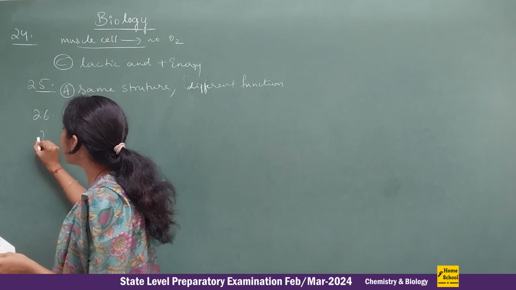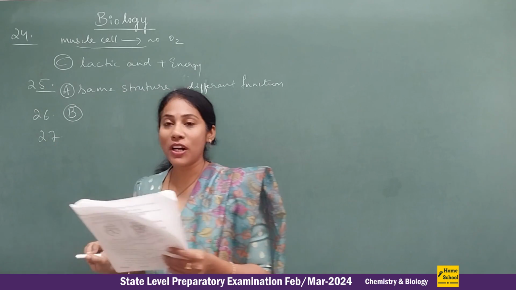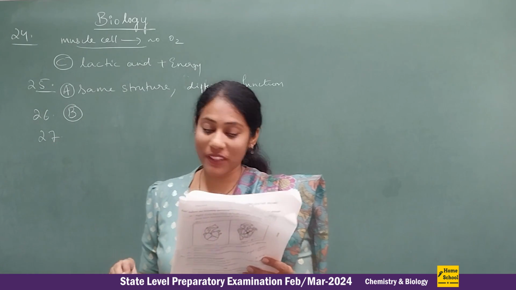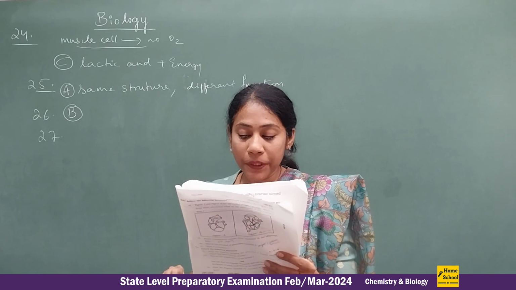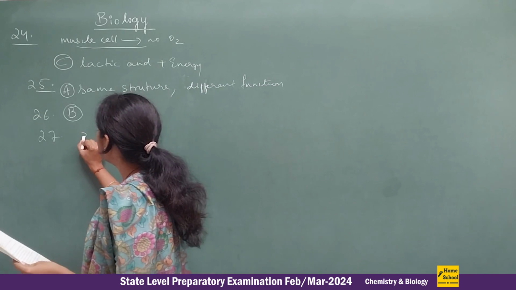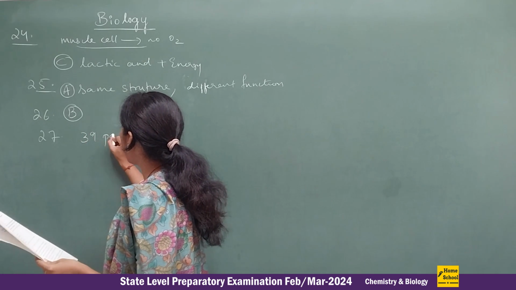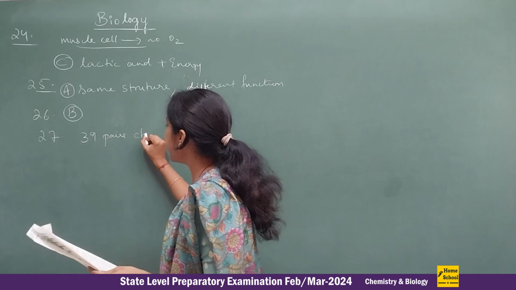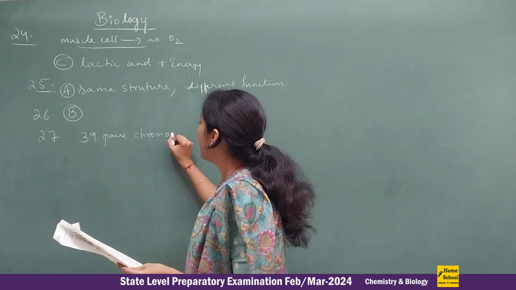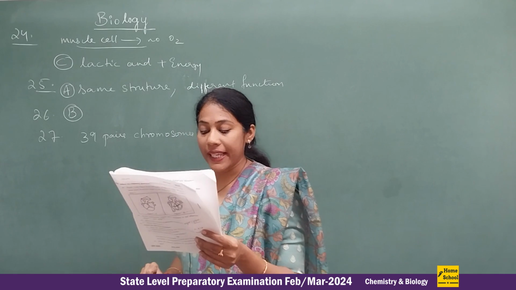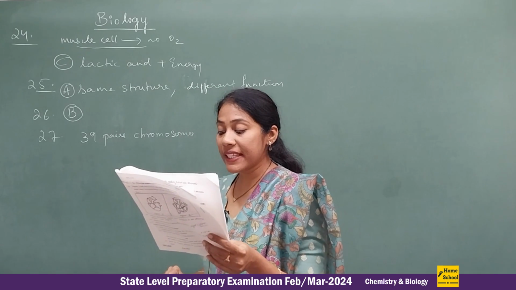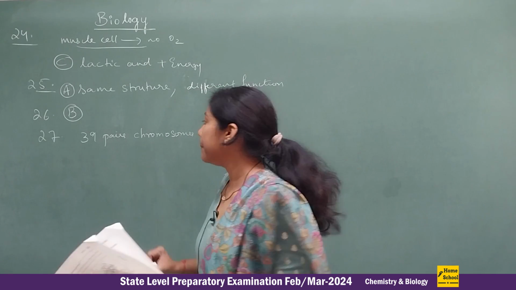Now coming to the 27th question, guys, very conceptual but very simple question. You have to properly read the question. A sexually reproducing animal has 39 pairs of chromosomes. Okay, so there is some organism which has got 39 pairs of chromosomes. Then the number of chromosomes in the zygote of this animal.